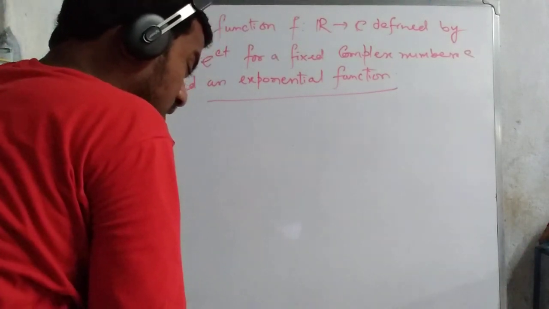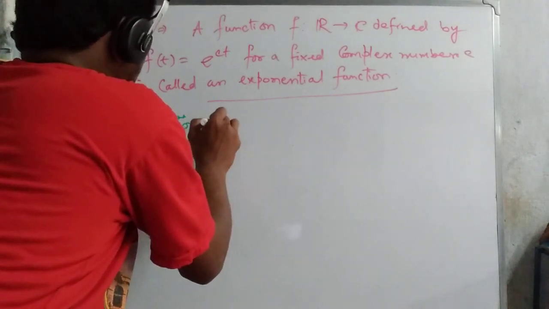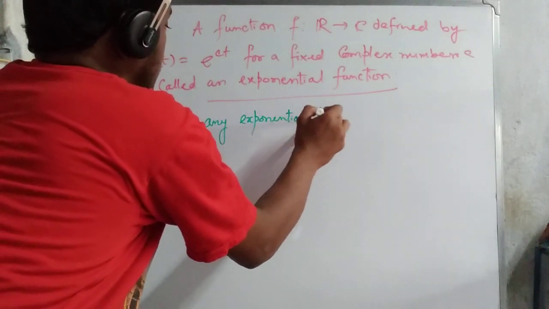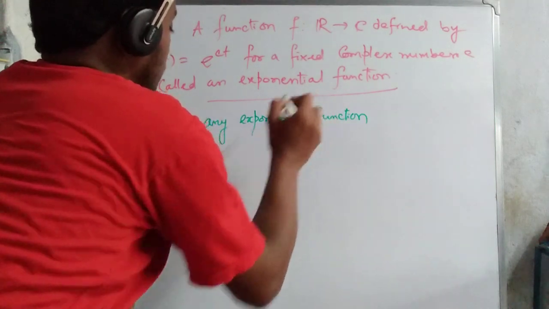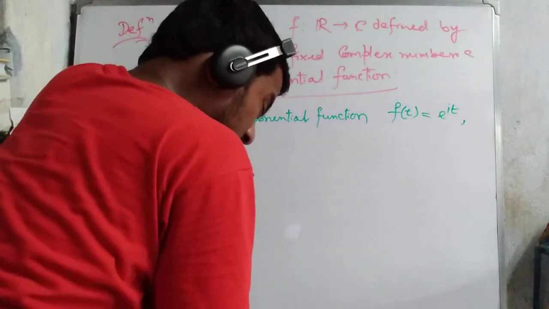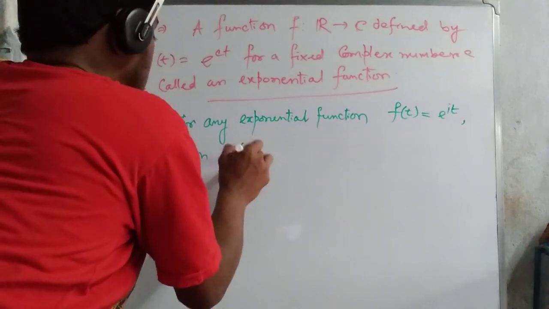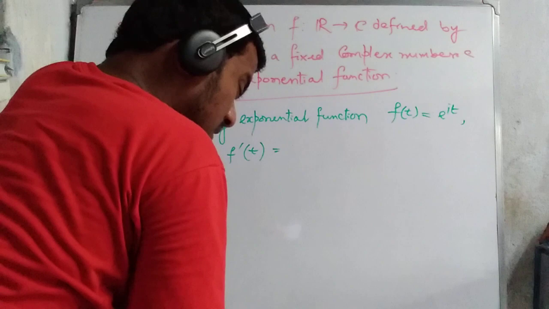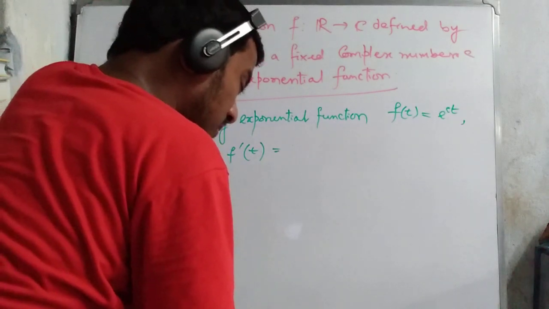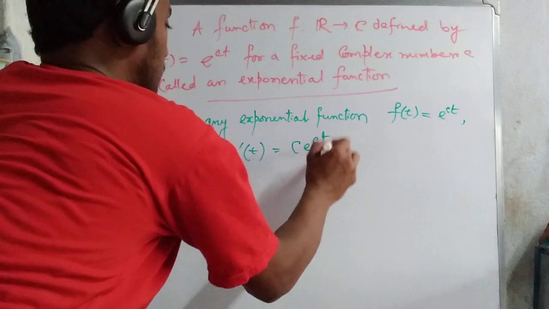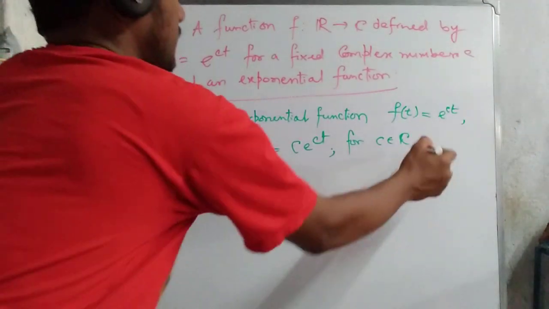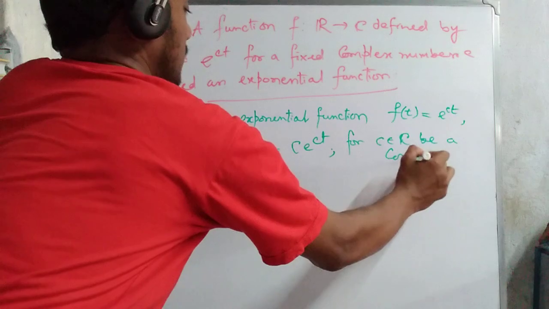For any exponential function f(t) equal to e to the power ct, then f dash t equals c times e to the power ct, for c belonging to C or R, anything, some constant. Understood?